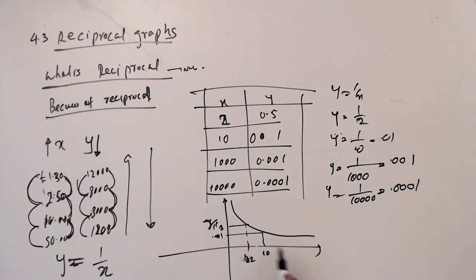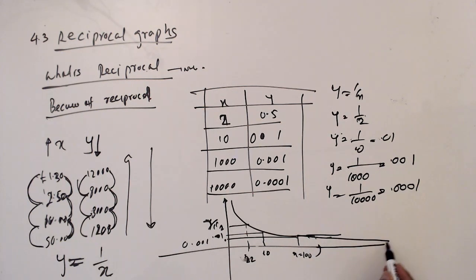And when x equals 1000, very far, this is 0.001. Then x equals 10,000, and this is 0.0001.